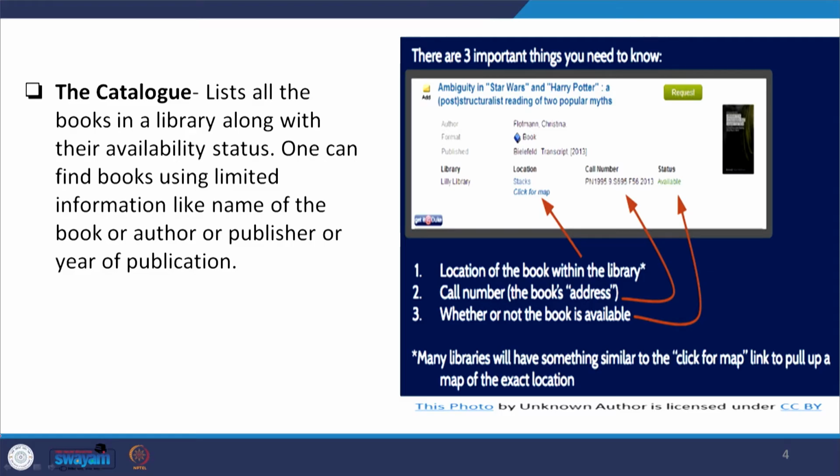Now, as I had been saying, as an individual you can have access only to one or two newspapers, and that also from the place where you belong.